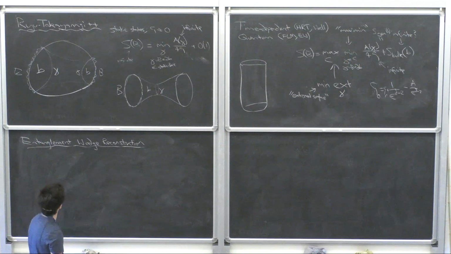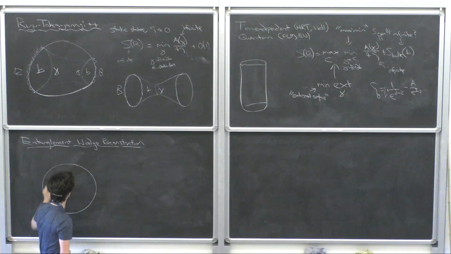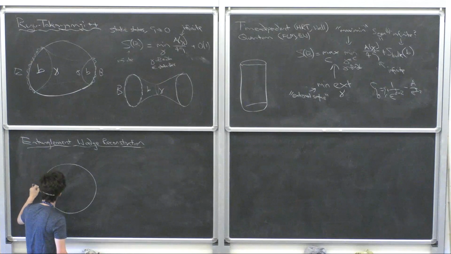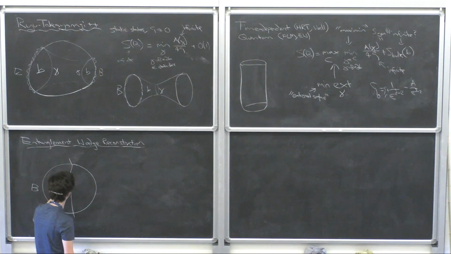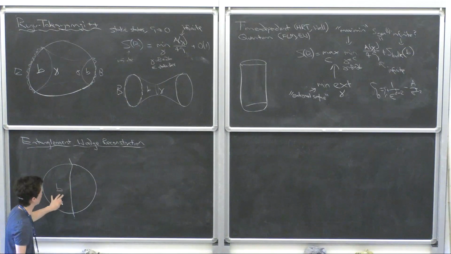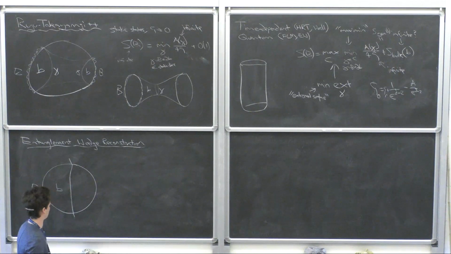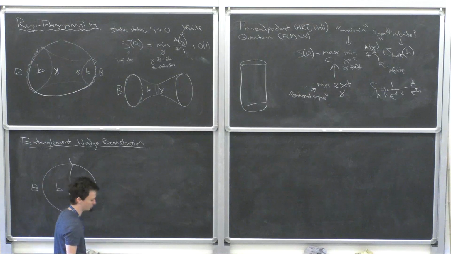Okay, and so what does entanglement wedge reconstruction say? So let's say we have some boundary region big B, and it has some surface gamma, and there's a region little b that lies between gamma and big B, as usual.